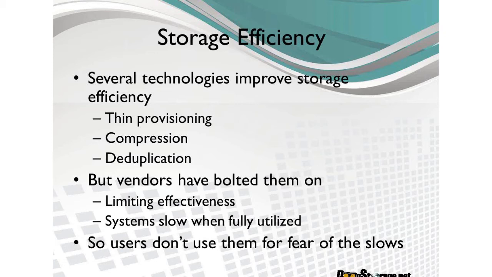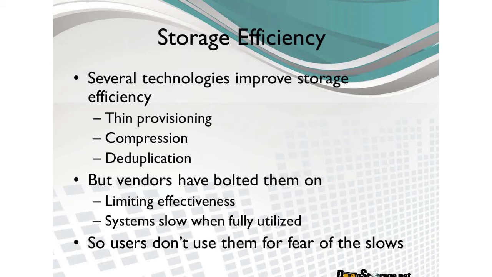You won't get compression as good or deduplication as good, and those systems tend to slow down when they're fully utilized. So as we boost utilization, we may be sacrificing performance. As a result, even users that have systems that include storage efficiency functionality don't always use them.